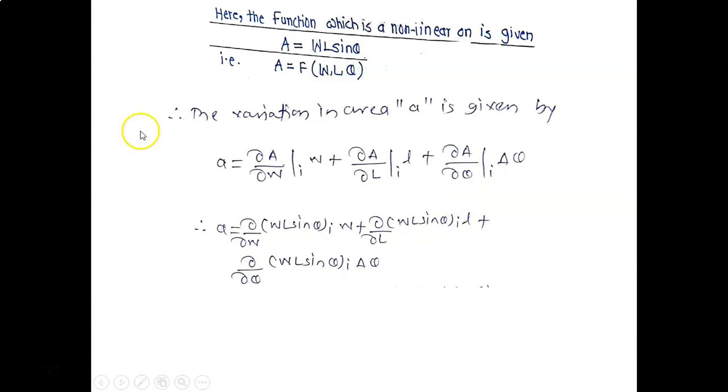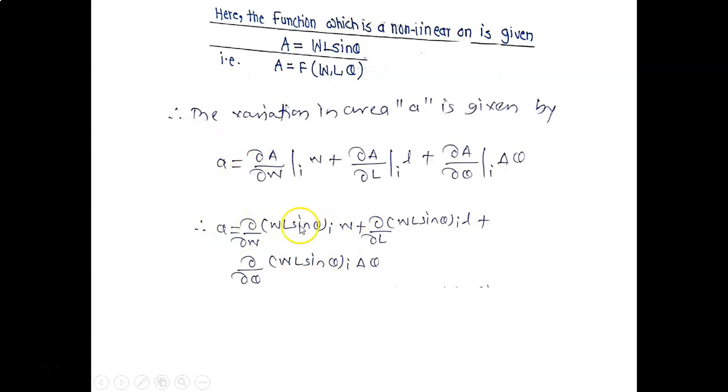Therefore, substitute the value of A. What is the value of A? wl sin theta. Therefore, small a is equal to dou by dou w of wl sin theta at the point I into small w, plus dou by dou l of wl sin theta at the point I into small l, plus dou by dou theta of wl sin theta into delta theta.